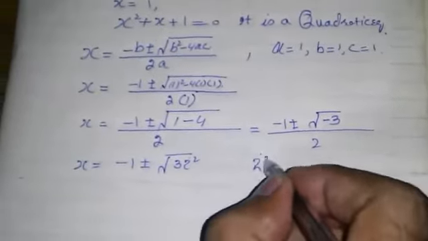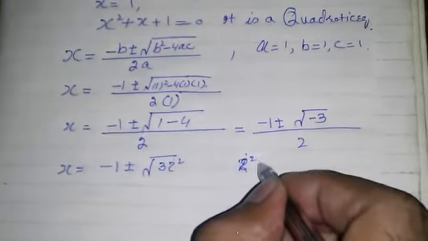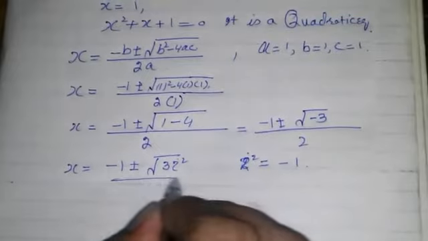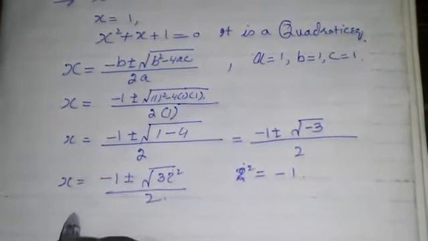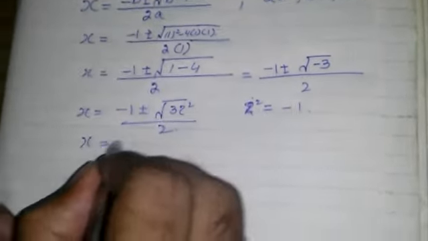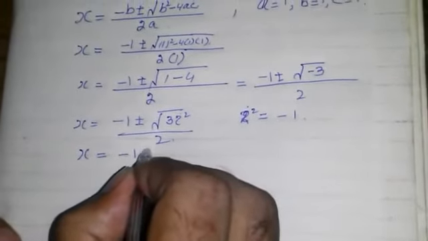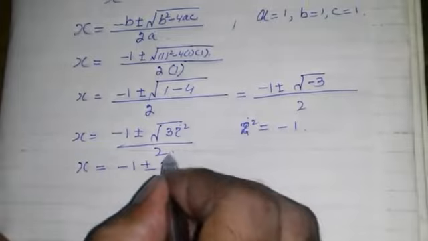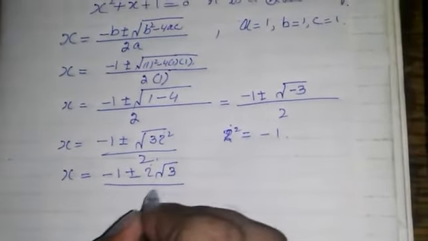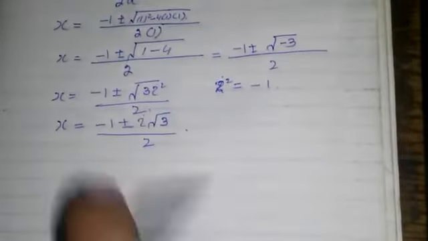We take iota square is equal to minus 1. So x is equal to minus 1 plus minus iota under root 3, whole divided by 2.